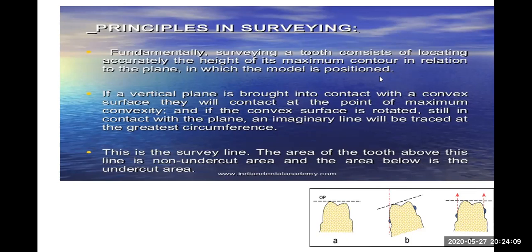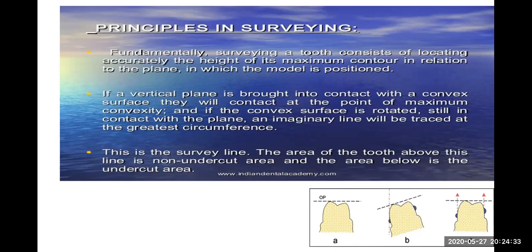That is surveying. And another point of note is that it is a vertical plane. That is, if a vertical plane is brought into contact with a convex surface, the convex is the most bulbous aspect of the tooth. They will contact at a point of maximum convexity.